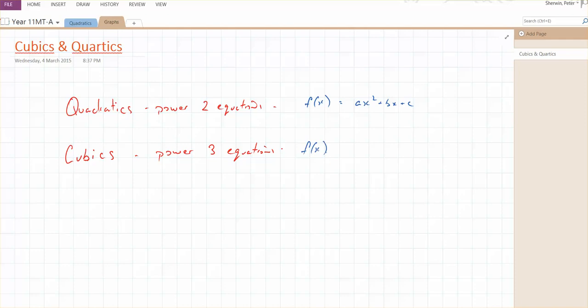So here our function of x looks a bit like this. We've got one more letter that we need to introduce: ax cubed plus bx squared plus cx plus d.